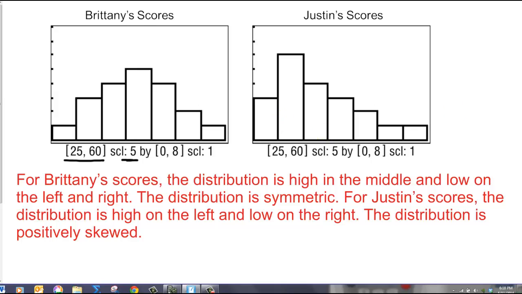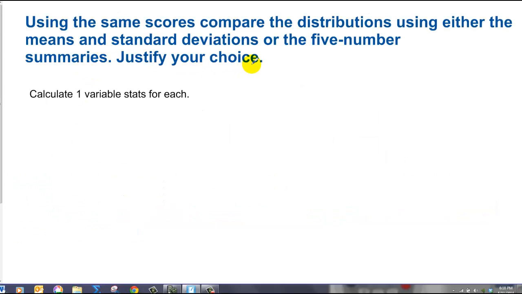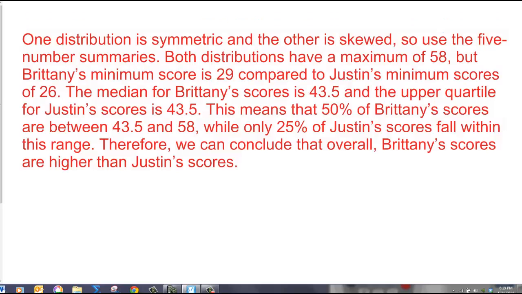So given that we're using a box and whisker plot, we're going to be comparing medians and quartiles and see where the bulk of the data lies. So go ahead and on each set of data calculate one variable statistics for both, noting your median and your quartiles. And this is what you should end up with.